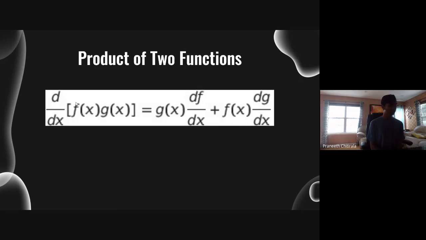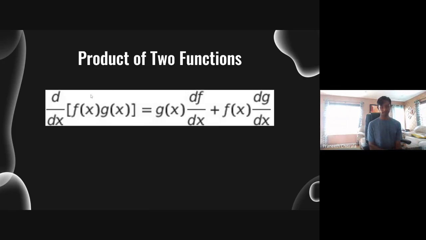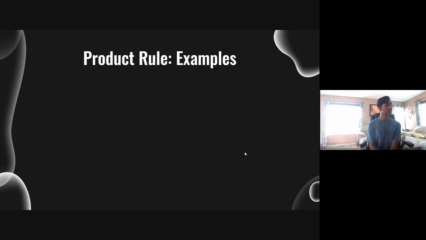You take the derivative of the first function and then multiply that by the regular second function, and then you take the derivative of the second function and multiply that by the normal first function, and then add those two values together to get this. This is also referred to as the product rule, and I will give you some examples of how this works.